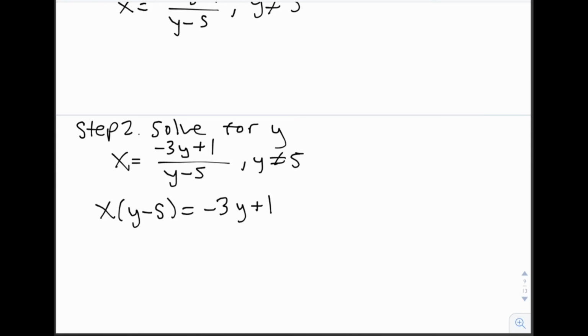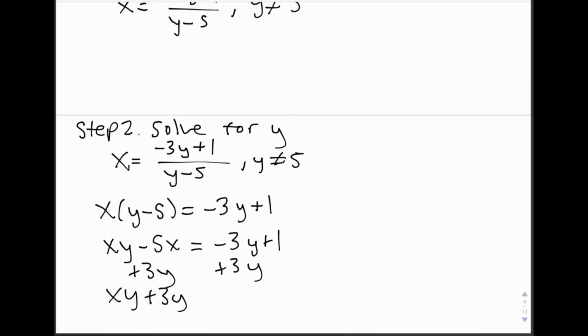Okay, let's go ahead and see if we can do a little bit more simplification here. So that should give us, in this case, xy minus 5x is now equal to negative 3y plus 1. So what can we do here? Well, we can go ahead and add our 3y over to our left-hand side.